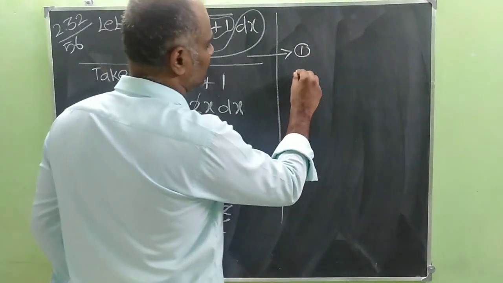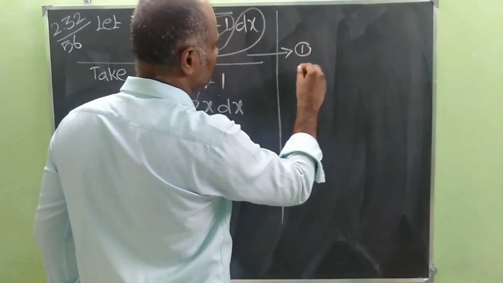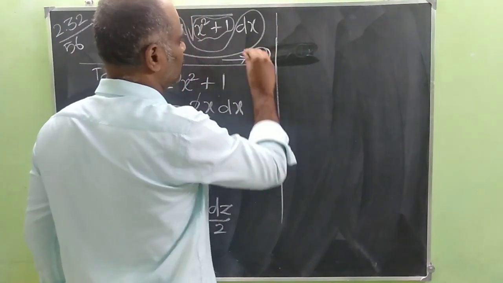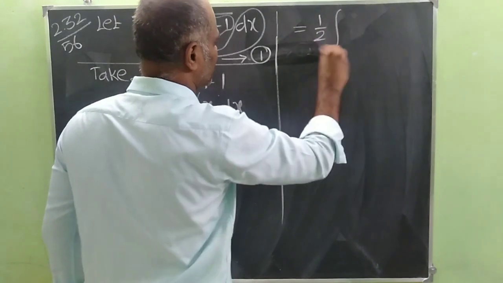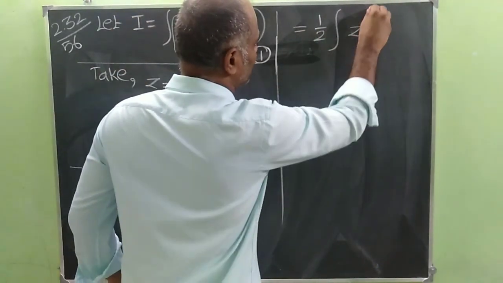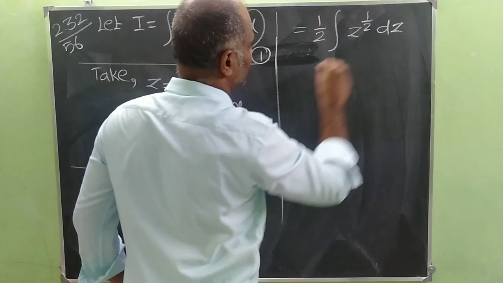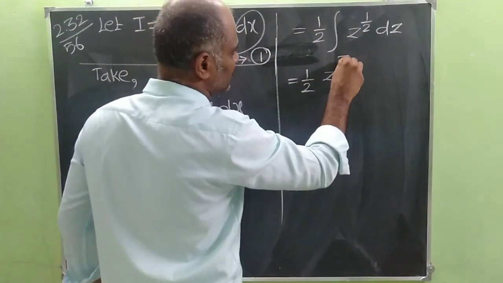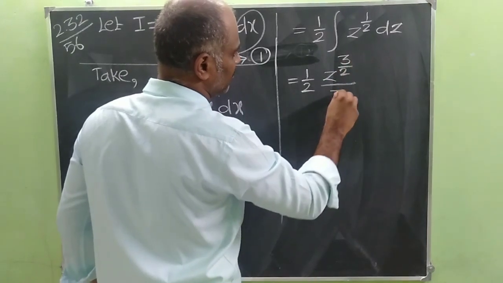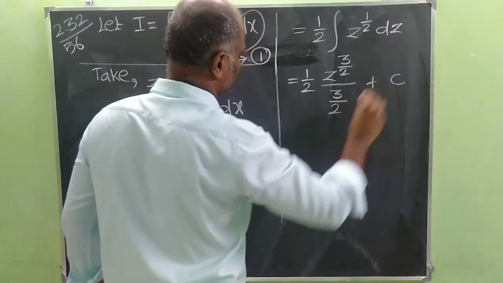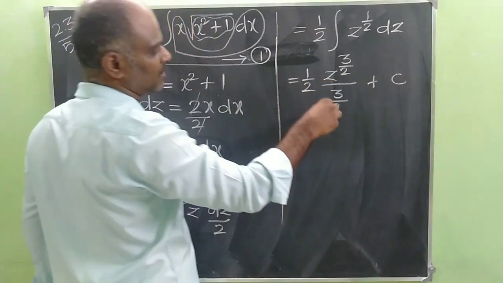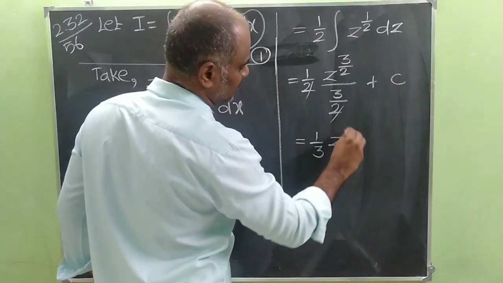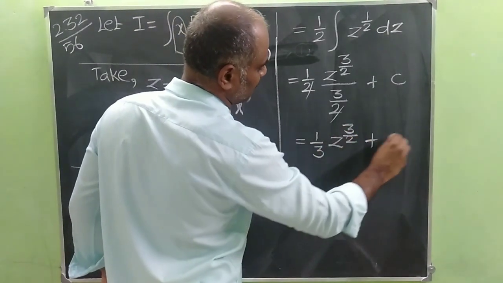That is equal to 1 by 2 integration of z power 1 by 2 into dz, that is equal to 1 by 2 z power 1 by 2 plus 1, that is 3 by 2, by 3 by 2, and add one constant. This is an indefinite integral, so add one constant. Cancel both 2s, that is equal to 1 by 3 z power 3 by 2 plus constant c.